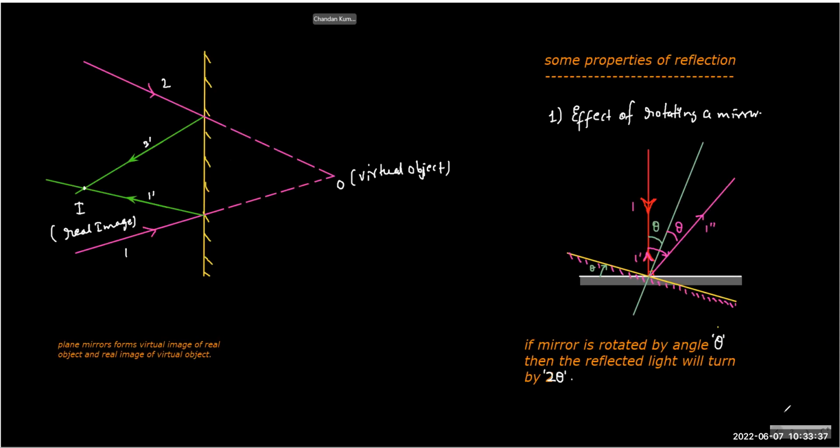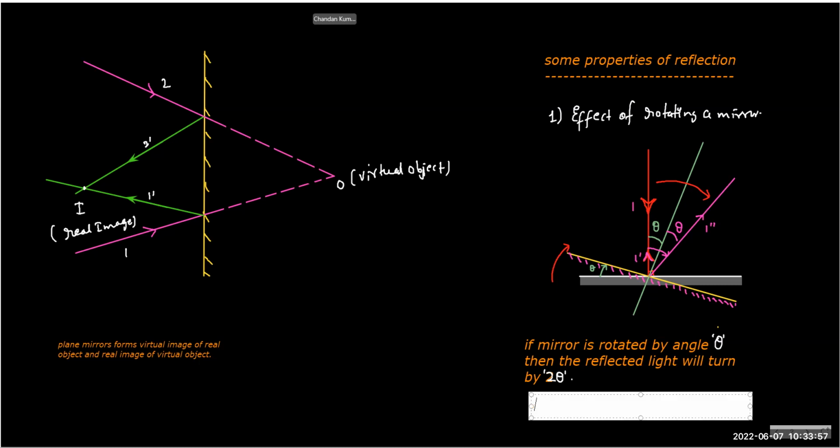And also one more thing that you need to observe: if you are turning the mirror in the clockwise sense, the light is also turning in the clockwise sense. So the rotation sense will be the same. Understood? Yes. So the sense of rotation is going to be similar.